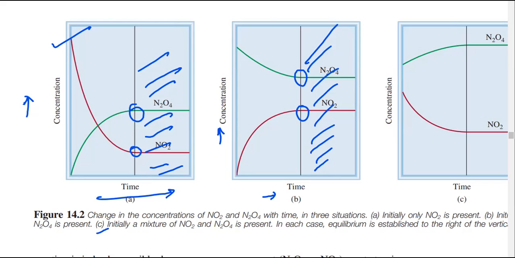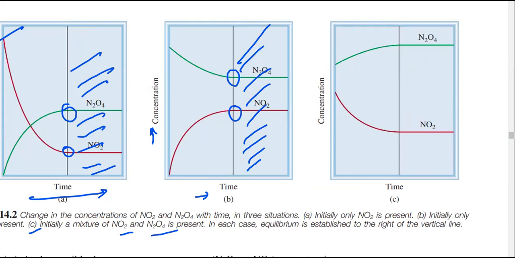And suppose initially a mixture of NO2 and N2O4 is present, then what will happen in this third graphical representation? It will come like this. Initially N2O4 and NO2 are both there in the mixture, and it takes time to reach equilibrium.